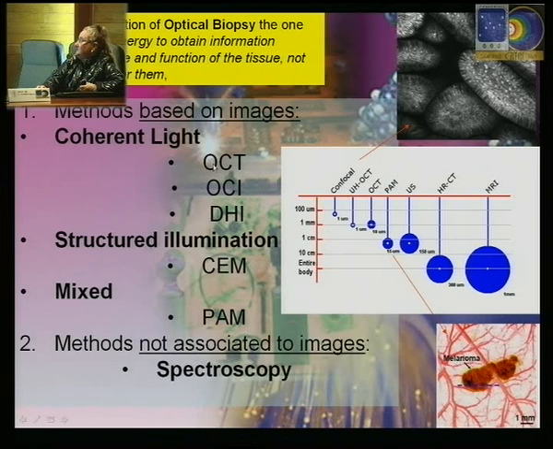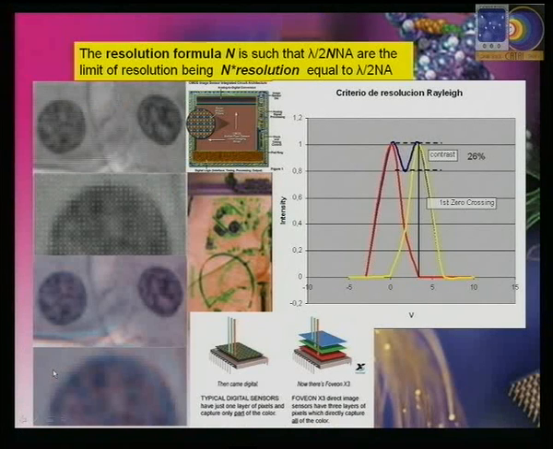The ones on coherent light are optical coherence tomography, optical coherence imaging, and holography imaging. The structured illumination includes mainly confocal endomicroscopy. And the mixed technologies, as we will see, include the PAM, the photoacoustic microscopy. And the methods not associated with images, as we will see immediately, are the spectroscopic methods.